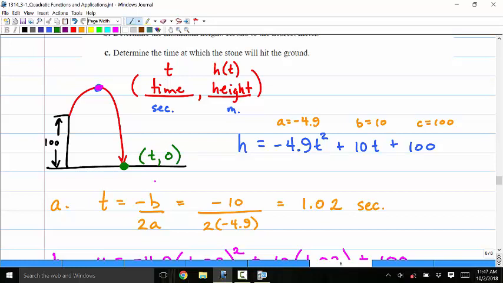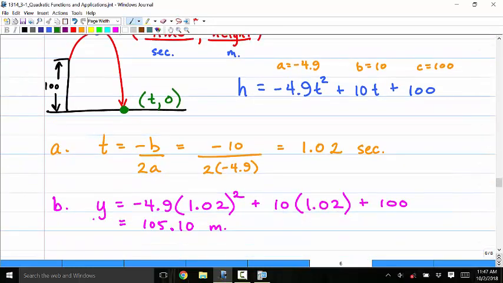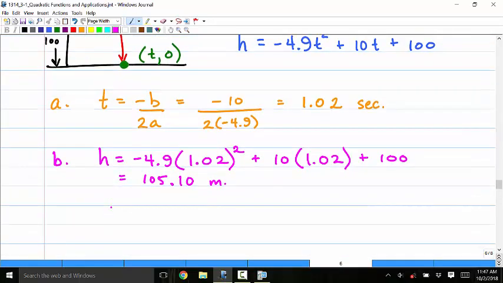So we're going to let y, or the h, equal 0. So for C, we're going to let h be 0, and we're going to solve negative 4.9 t squared plus 10t plus 100. Aren't you finding the x-intercept there? You let the y value be 0.